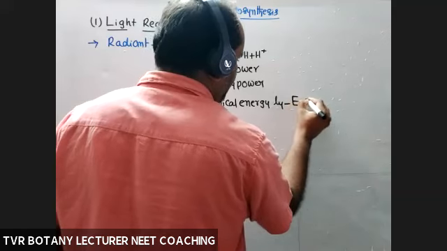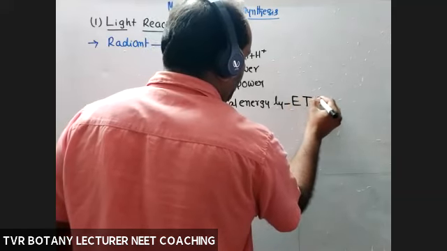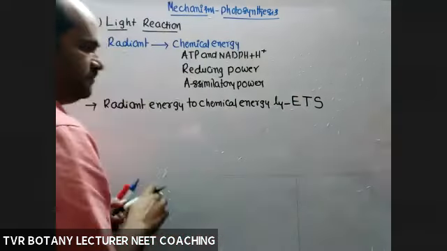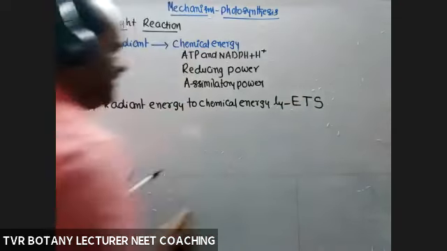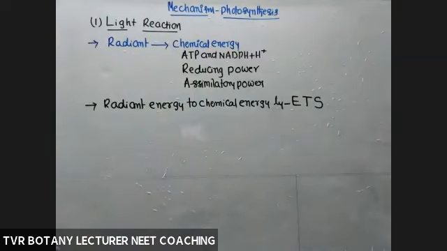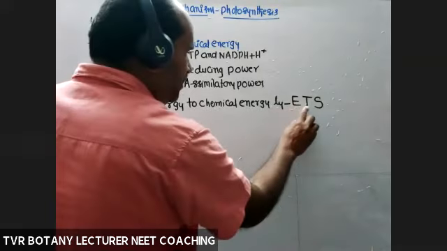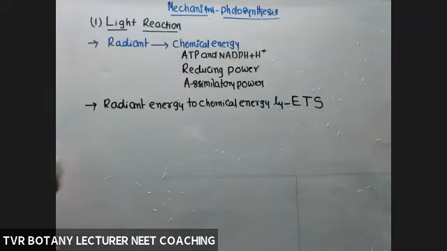Simply I'm writing here ETS, electron transport system. So by the transportation of electrons, the radiant energy is converted into ATP and NADPH plus, hence the name electron transport system.